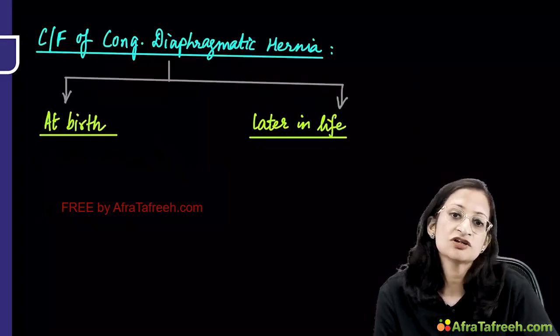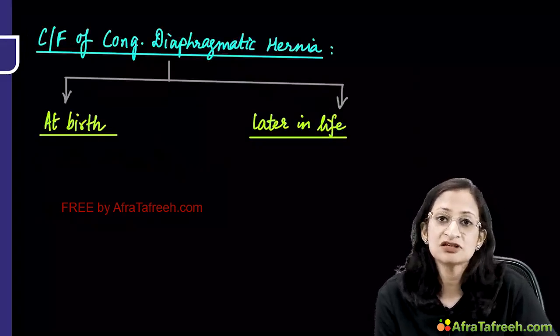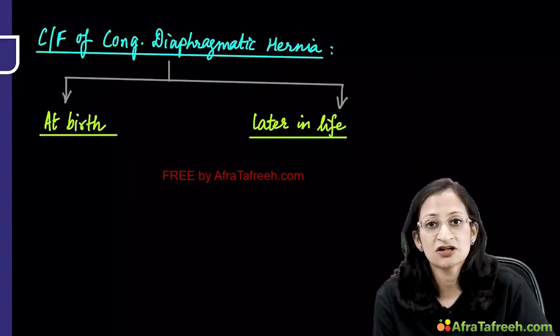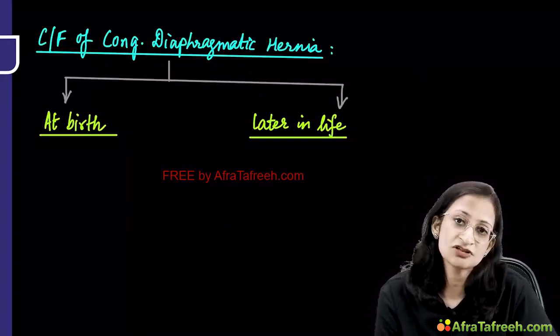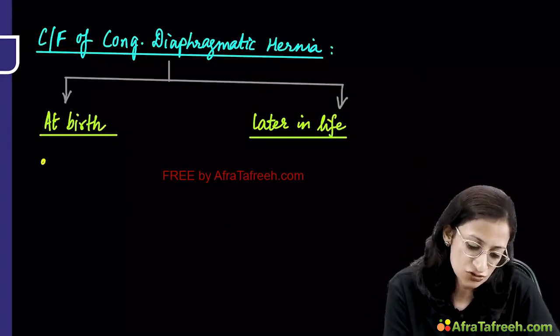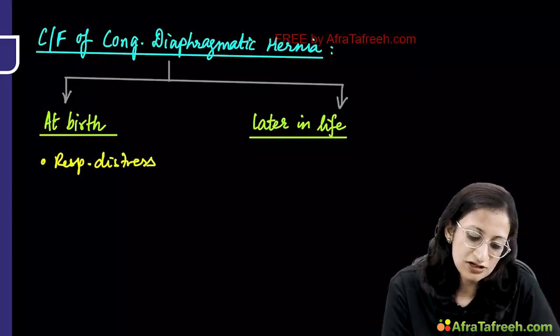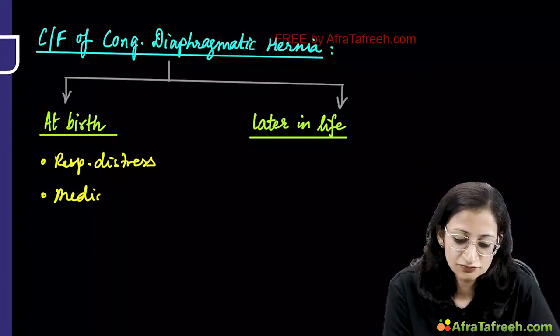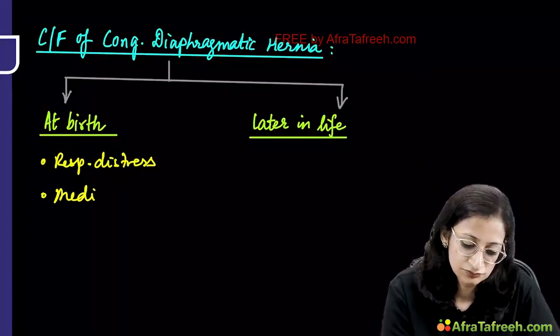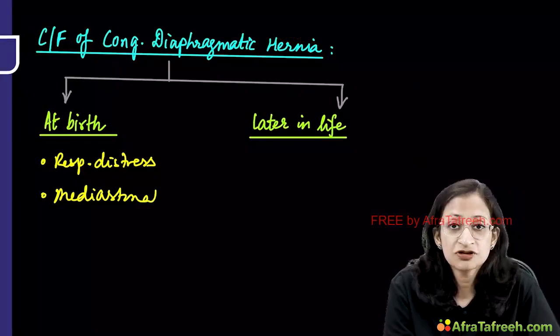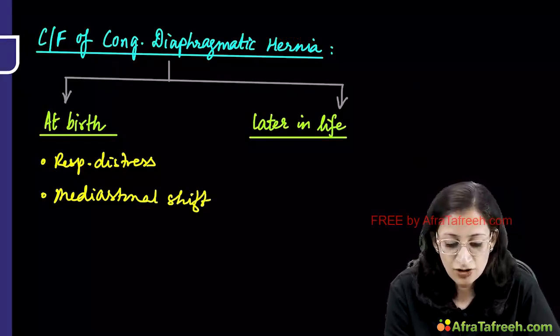The clinical features of congenital diaphragmatic hernia, it may sometimes present at birth and sometimes later in life. So at birth, it presents with a triad of respiratory distress, mediastinal shift, and scaphoid abdomen.